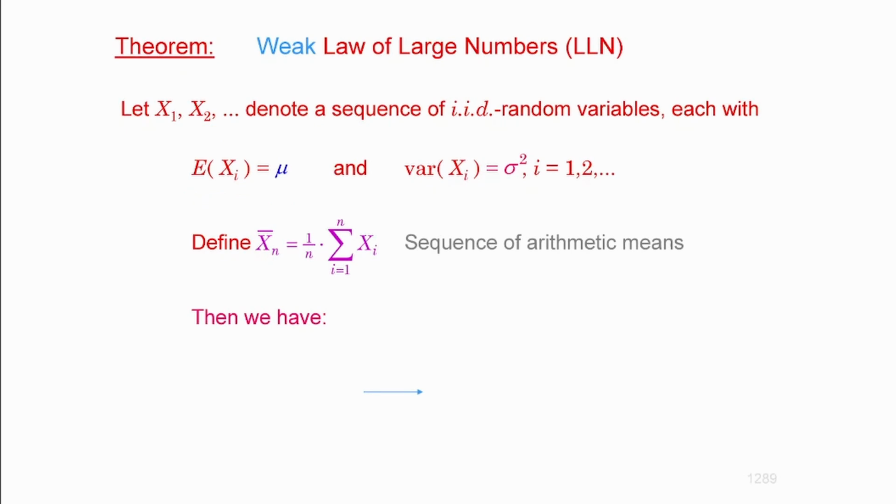If this is the case, then the sample mean of those random variables, not the standardized version, is going to converge to the population mean, which is actually the expectation of those random variables, namely in probability. So that's basically the weak law of large numbers.